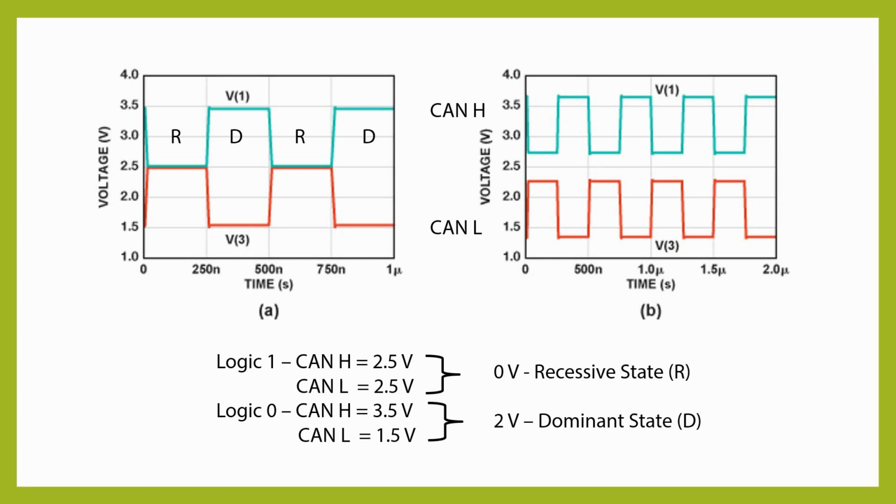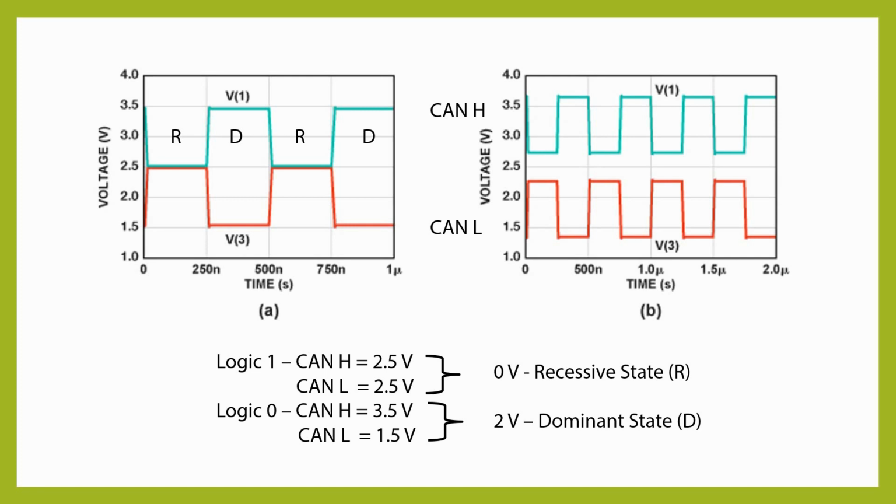There is an R section and a D section in figure A. Beneath that, I have written that the logic 1 is represented by a CAN high of 2.5 volt and CAN low of 2.5 volt, whose difference will give 0 volt, and hence the recessive state.